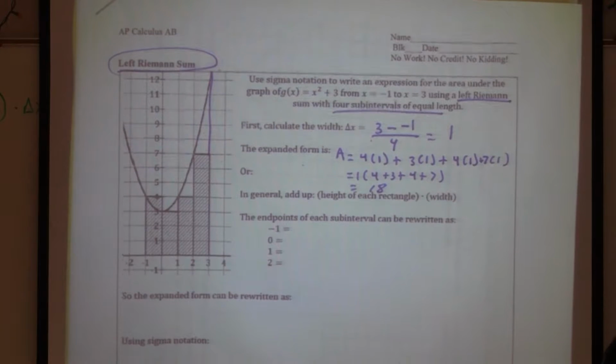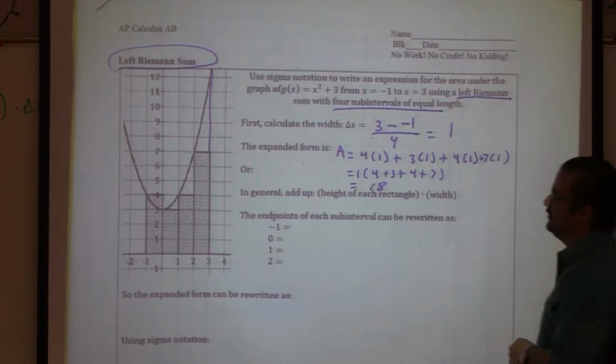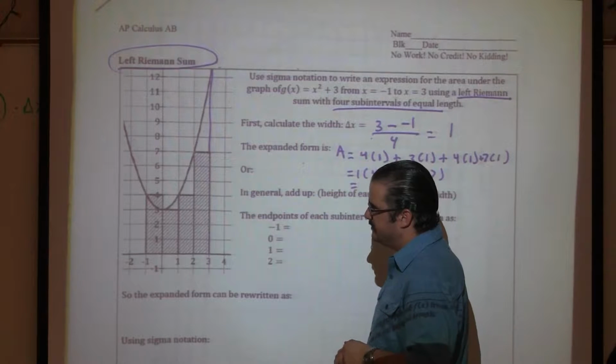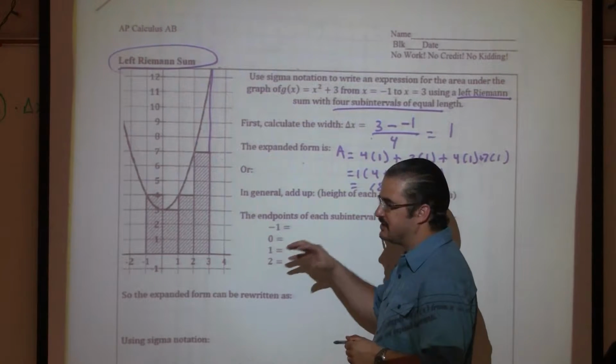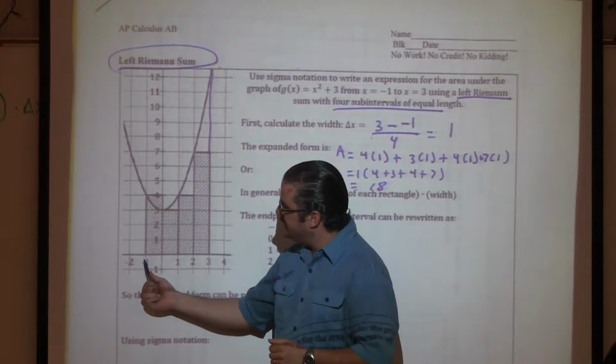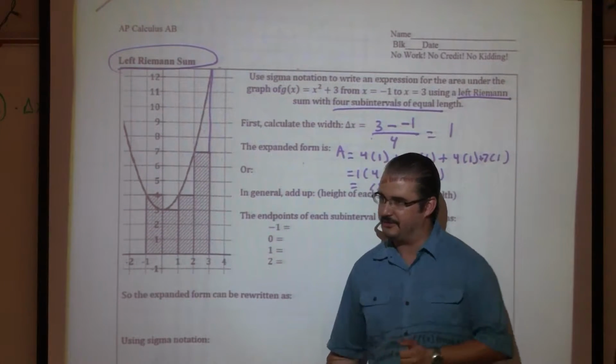Alright, so let's keep going. When we work these guys out, we need to be able to figure out the endpoints, because we need to be able to plug those numbers into my function to figure out the heights. How do I know that I need to use -1, 0, 1, and 2 and not 3?